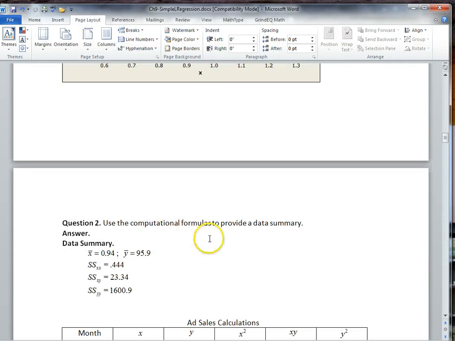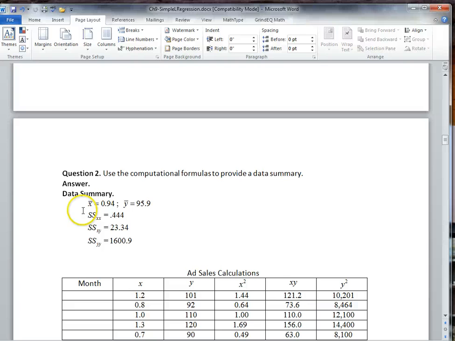Second question, can you use the computational formulas to provide a data summary? And this is the data summary we have. X bar 0.94, y bar 95.9, and I want SSXX, the sum of square of deviations in x, SSYY, the sum of square of deviations in y, and SSXY, the ones in y caused by x.